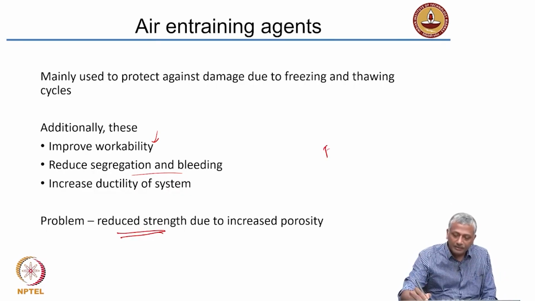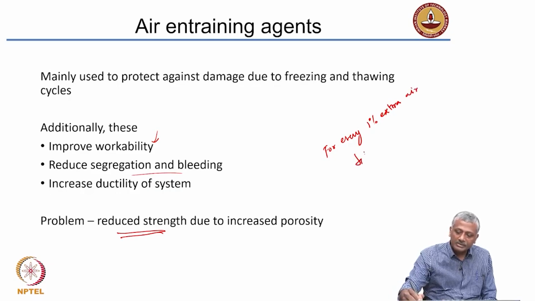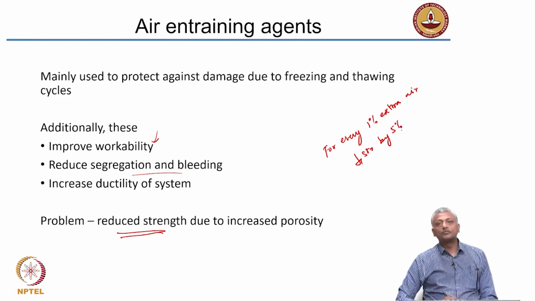Generally, for every 1% extra air that we put inside concrete, the strength comes down by 5%. So, we need to be careful while using air entrainers.